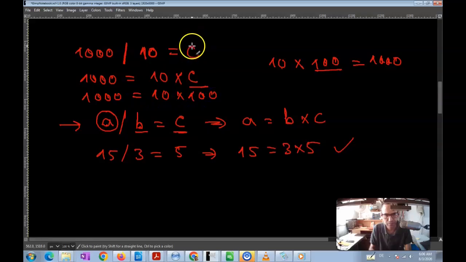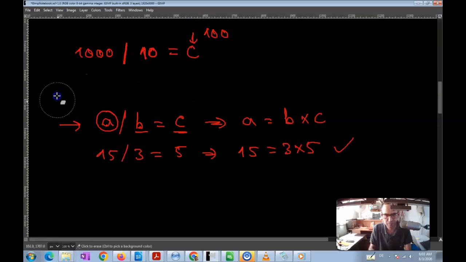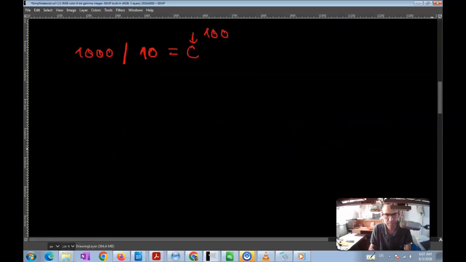Now, if the value of C over here is 100, then what this means is that 1,000 divided by 10 is equal to 100, right?